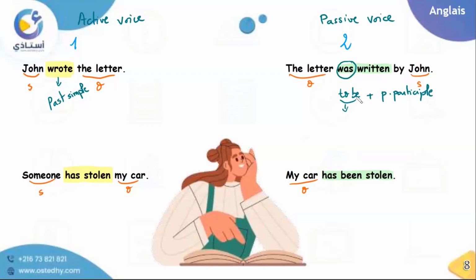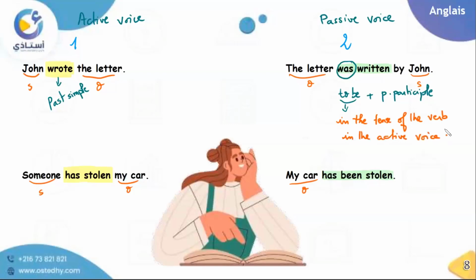Here, we took a look at the verb in the active voice, okay? And we put to be in it. So to be takes what? It's in the tense of the active verb, or of the verb in the active voice.